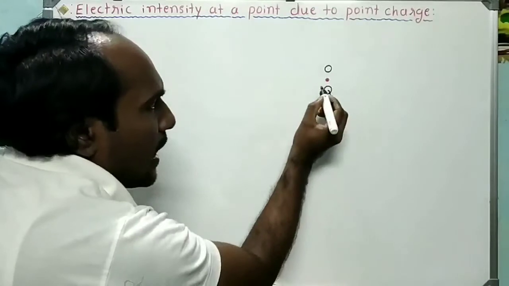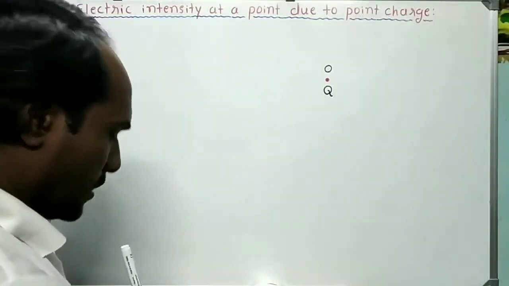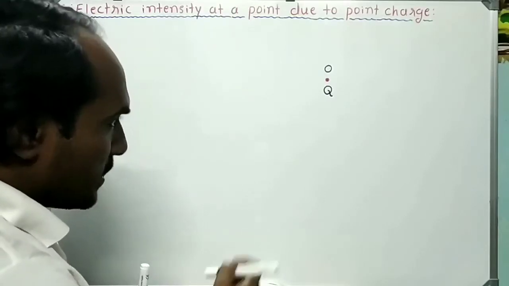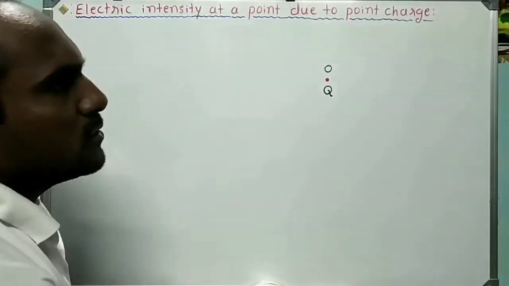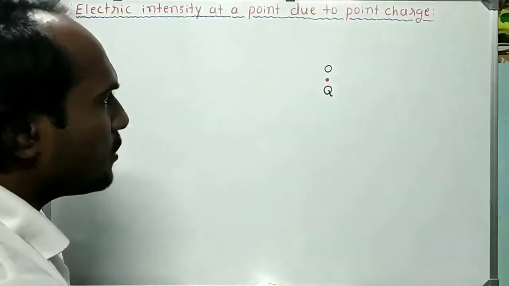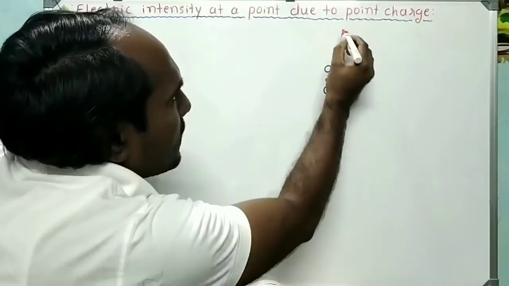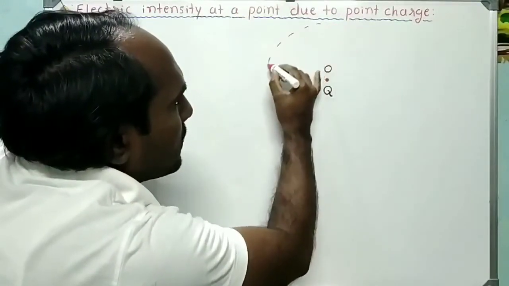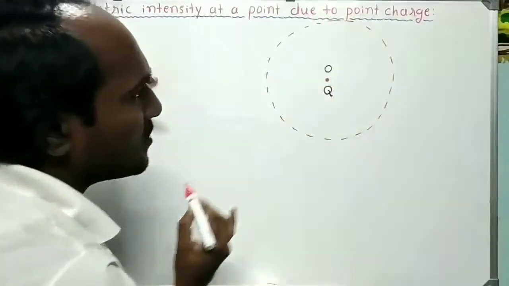At this point, I will consider a charge of capital Q coulomb. Since it is a point charge, it is also called a source charge, because it is producing electric field around it, like this.